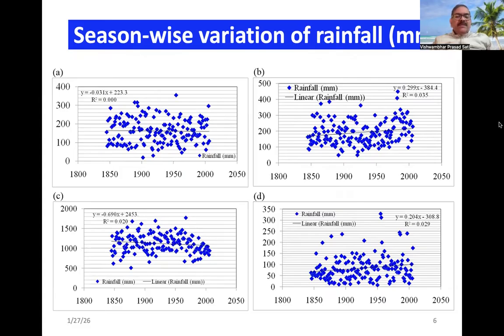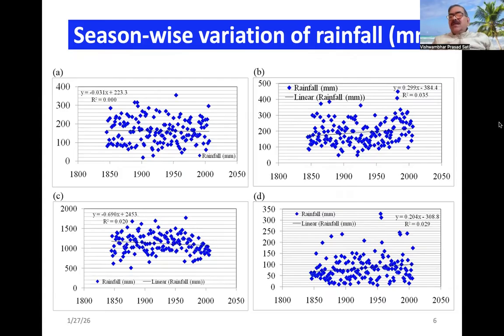So there is a large decrease in rainfall during the monsoon. And again, graph D shows the rainfall for October, November, and December. This is the dry season, except for the second half of December, when there is rain from the western disturbances. So there is an increase.